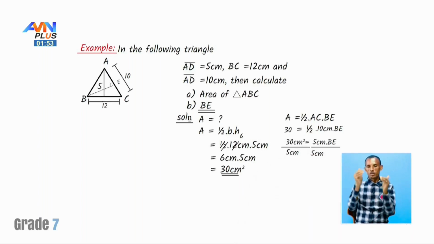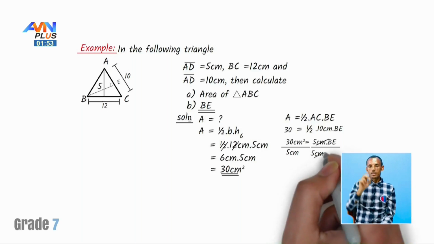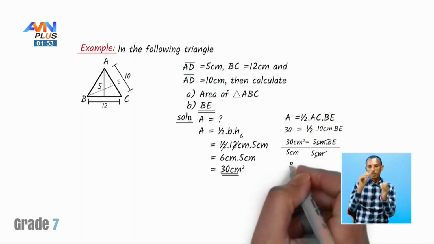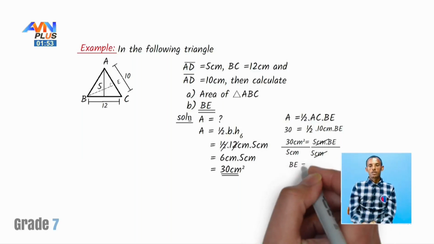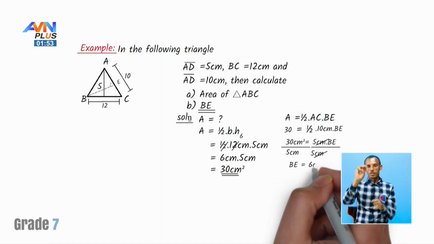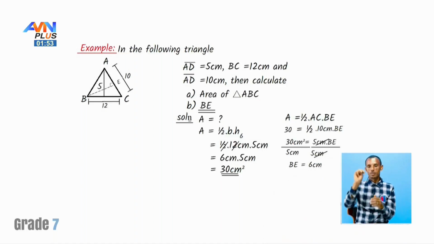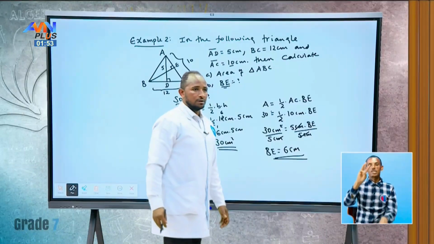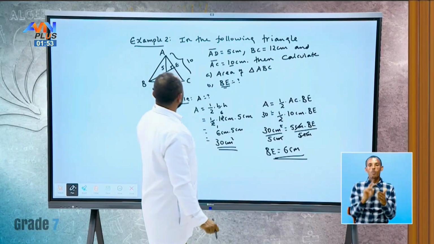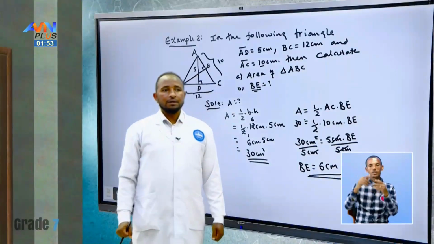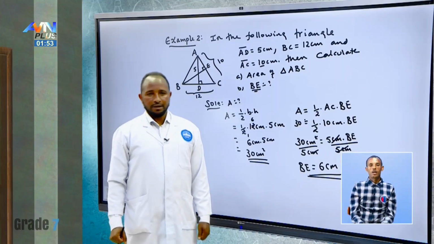BE is equal to 30 divided by 5, which is 6 centimeter square divided by centimeter. 1 centimeter cancels out, and you will have BE equal to 6 centimeter. That's it. Now we will proceed to the next triangle, the obtuse angled triangle.